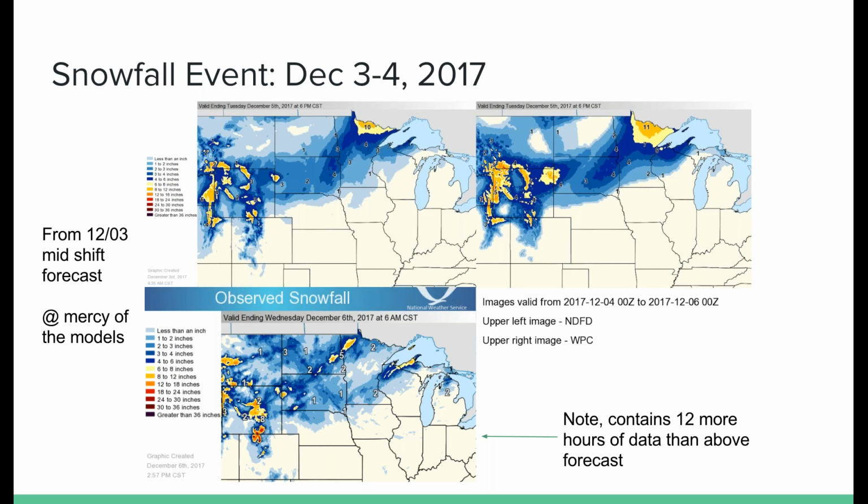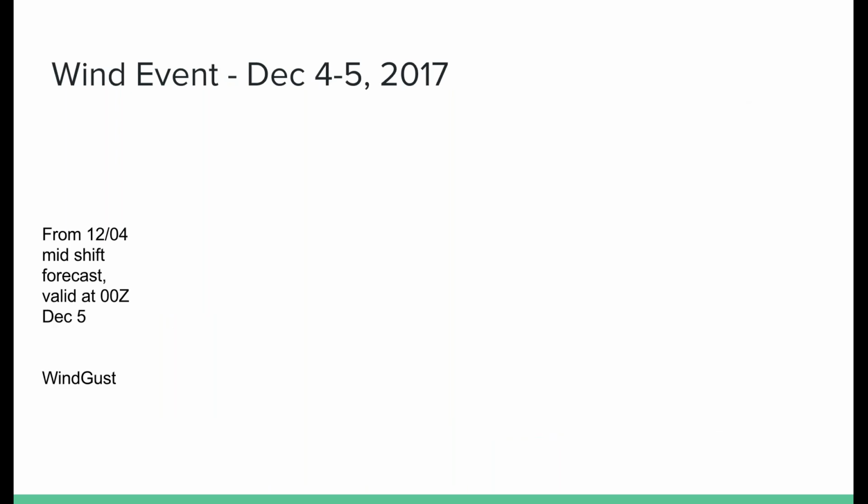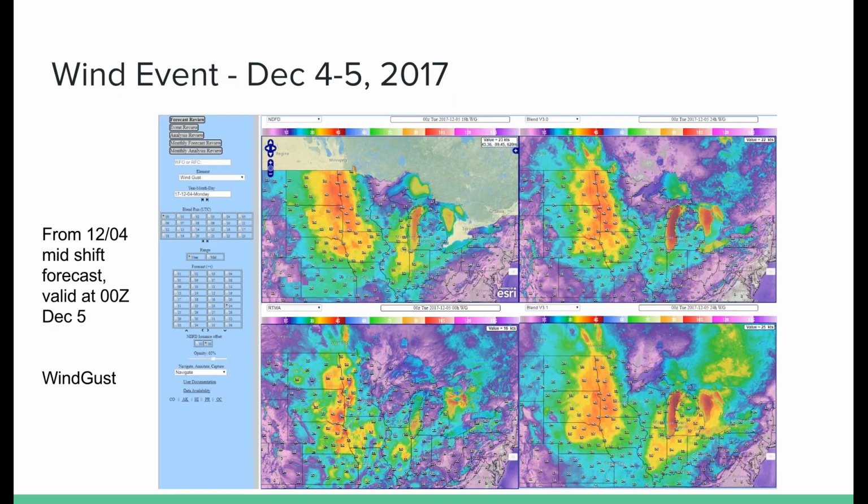So sometimes you miss it, but despite not being on the snow end, on the wind side of this, it did a pretty good job. And I wanted to show this to give you a flavor. The NDFD is in the upper left, version 3 of the NBM in the upper right, the RTMA observed stuff in the bottom left, and then the next version, NBM 3.1, in the lower right.